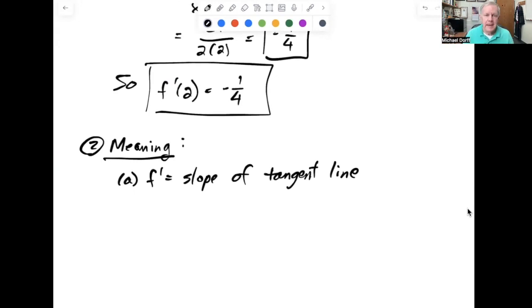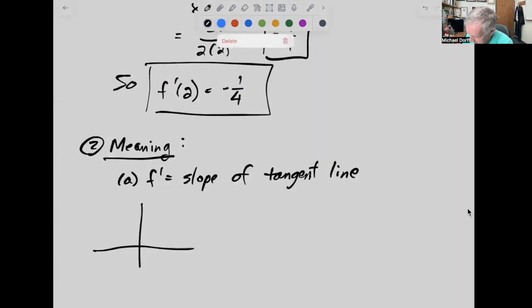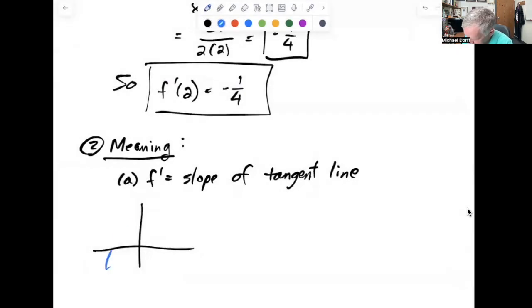That means that if I have my function represented as a graph, then I can take the point that I'm looking at, and I look at the graph there, and I draw the tangent line to it. Let me just show you that in terms of a graph. Let's suppose this is my graph of my function y equals f of x, and I take a point on there.